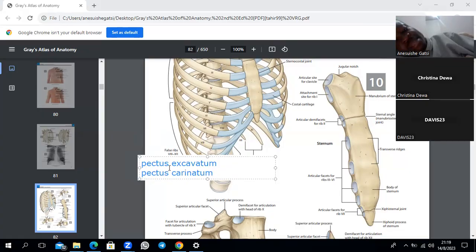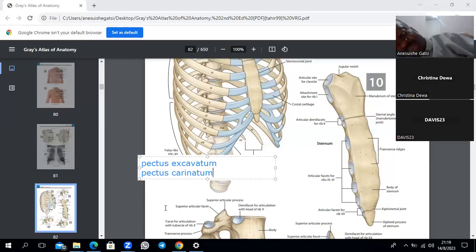So to remember this, in one of those conditions the sternum is sinking inward. In the other condition, the sternum is coming out. So if you remember, what is to excavate? You're digging in, right?